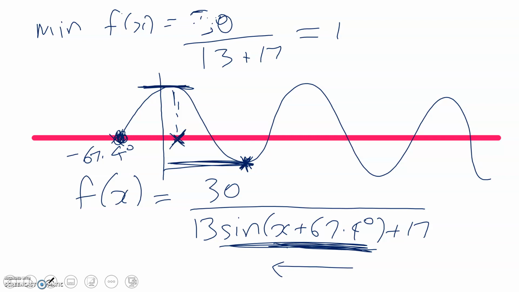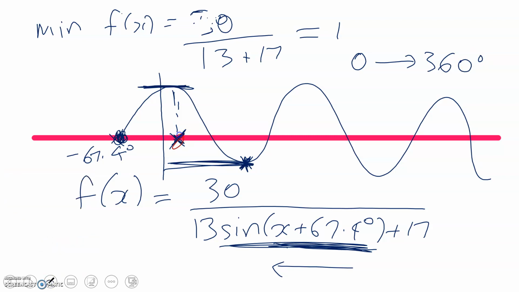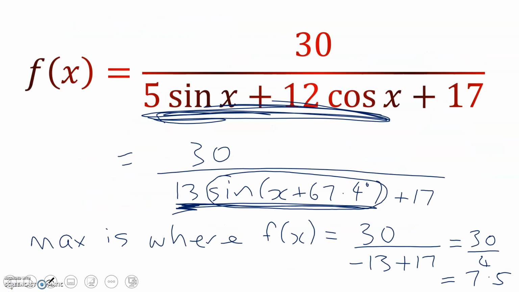Okay, and if I told you that we just wanted the values in the domain 0 through to 360, you can see from looking that there's only one of each. And the number here is going to turn out to be 22.6 degrees, and the number here is going to turn out to be 202.6 degrees.